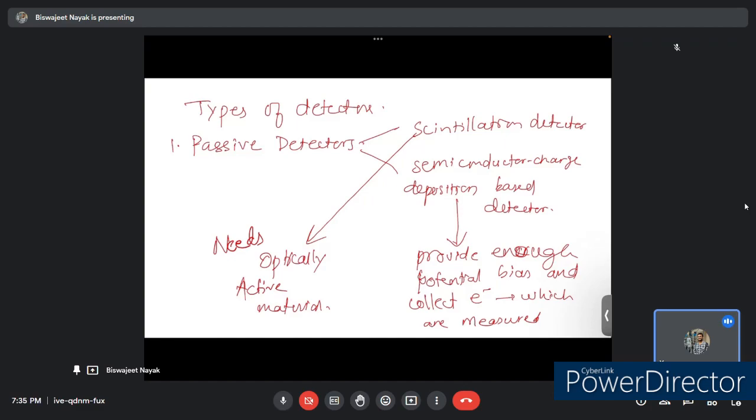And these are all for backscattered electrons. These detectors are for backscattered electrons, and for secondary electrons there are a number of detectors present.